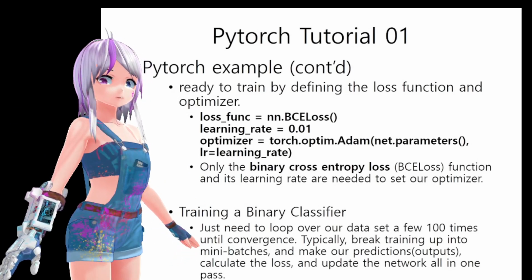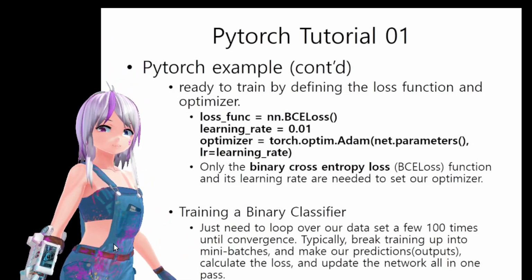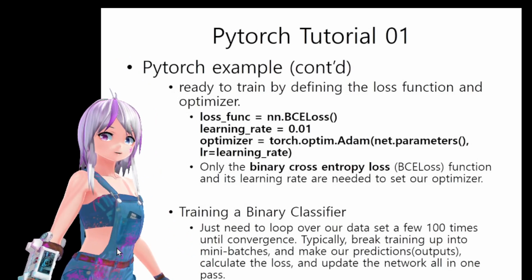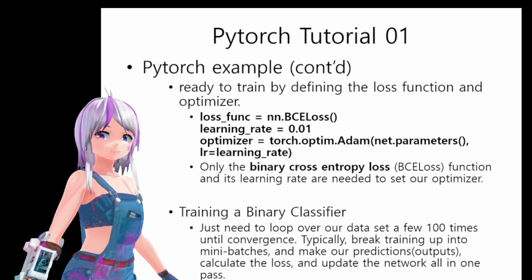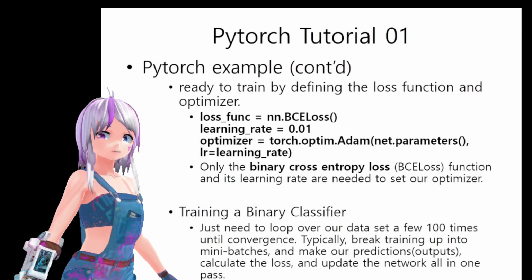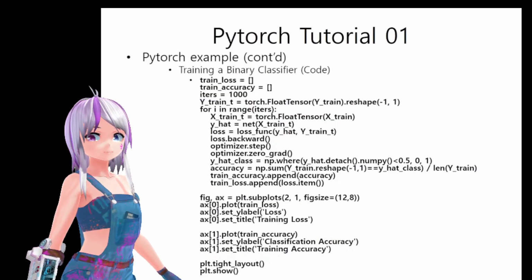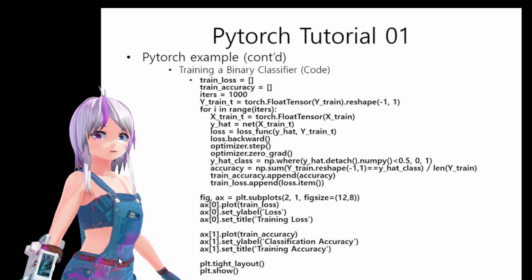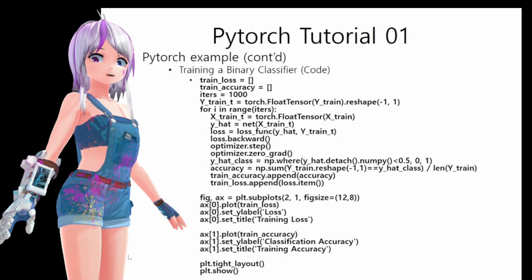Typically, we break this training up by using mini-batches, usually 128, sometimes 64, and make our predictions, outputs so to speak, and we calculate the loss and update the network all in one pass. Okay, here is the code example of how we train a binary classifier.